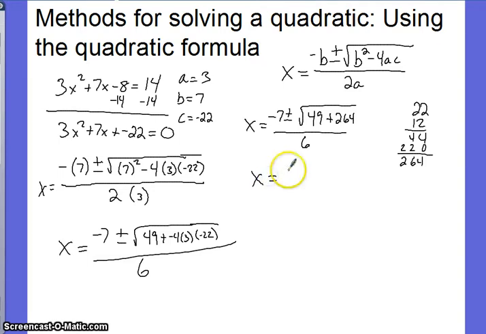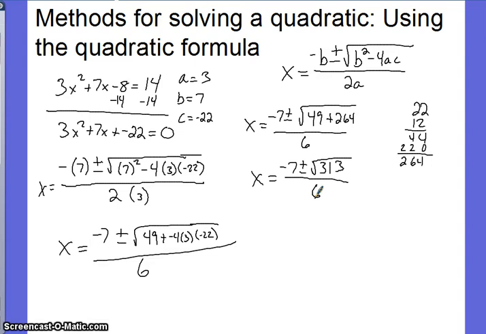So I have x equals negative 7 plus or minus, and 49 plus 264 is 313, over 6. So now 313, if we could simplify that down, we would.